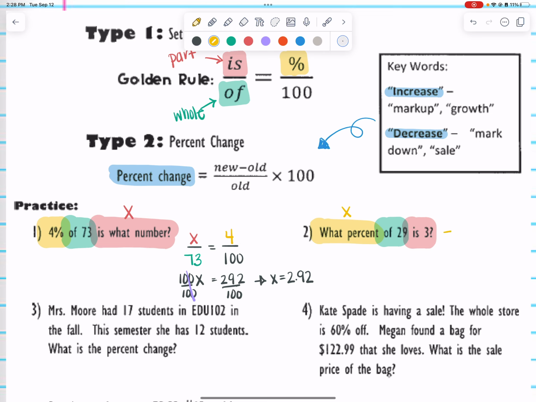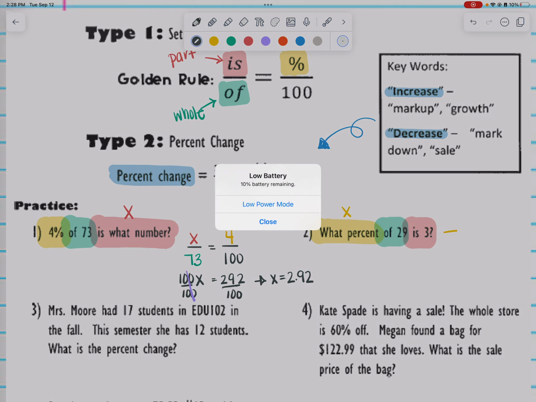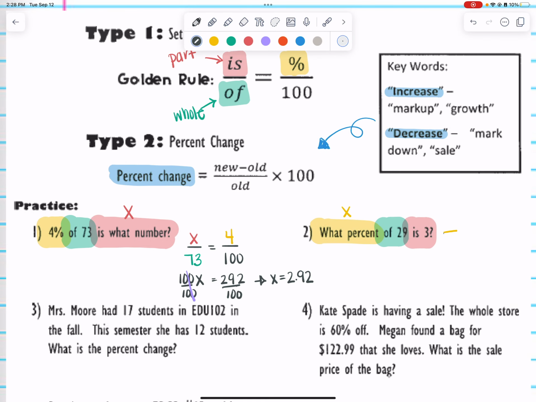And so I'm going to set up my proportion. So what percent? That's going to be x. And that's always over 100. Is 3 of 29.